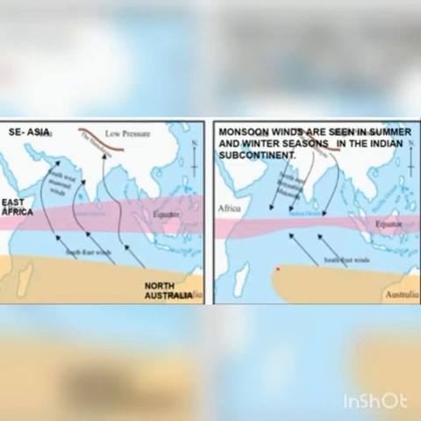The influence of monsoon winds is seen in the summer and winter seasons in the Indian subcontinent. Now what happens because of these winds? The Indian subcontinent experiences monsoon and retreating monsoon seasons apart from the summer and the winter.